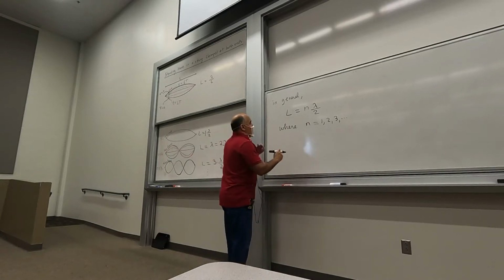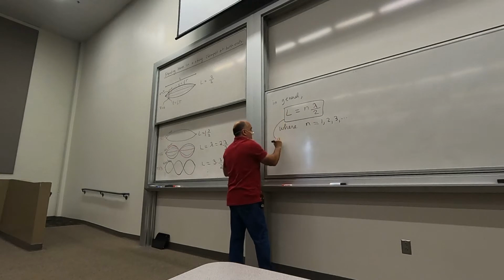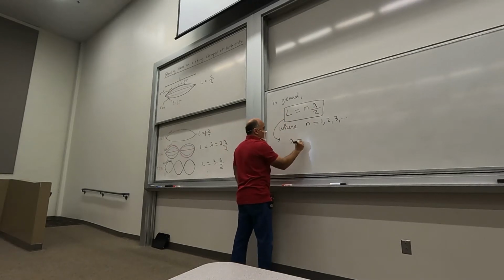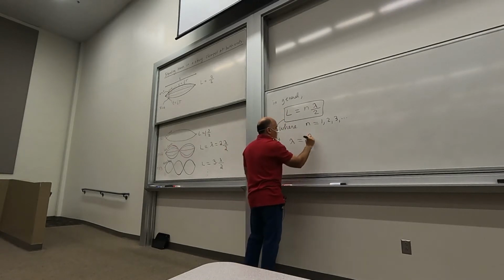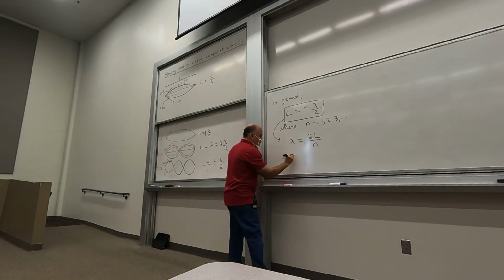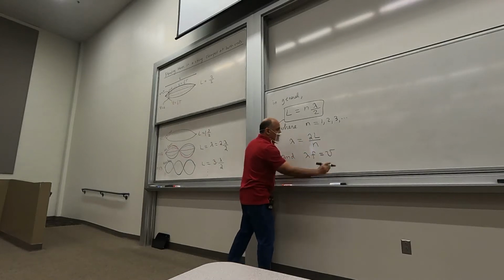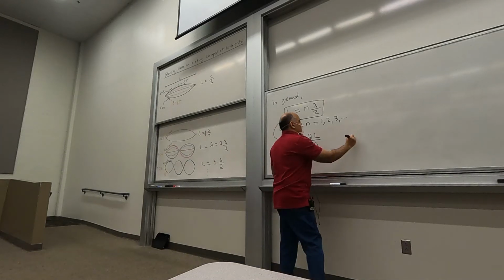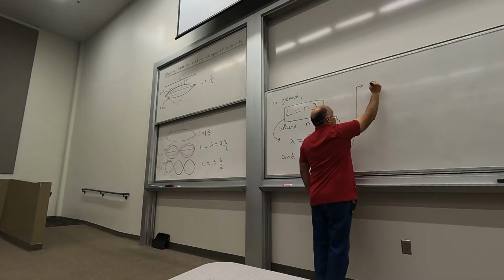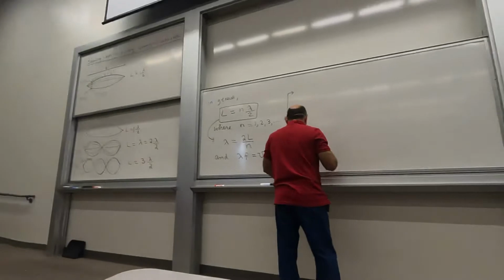And therefore, I can take this expression, and I can write an expression for the wavelength in terms of L, which is 2L over n. But also, I know that the wavelength multiplied by the frequency is equal to the speed, which means that, I'm trying to solve for the frequencies.